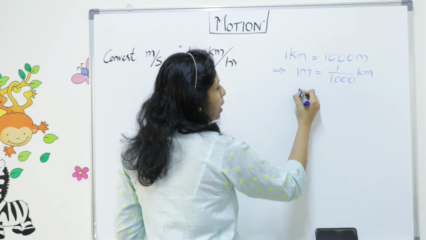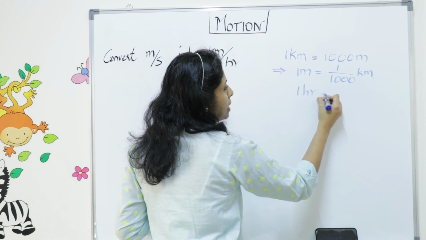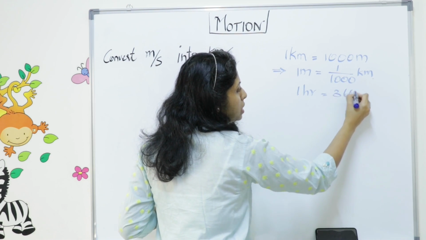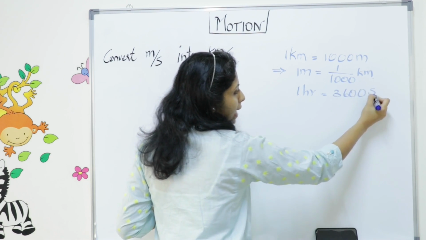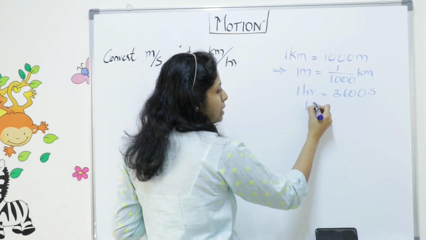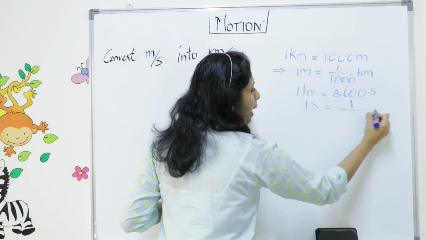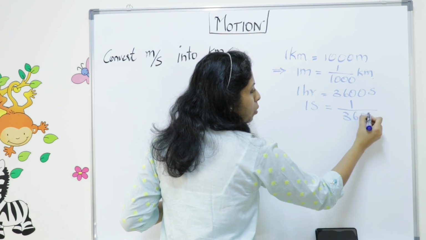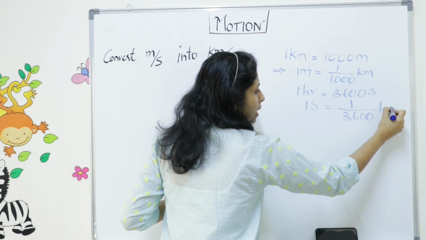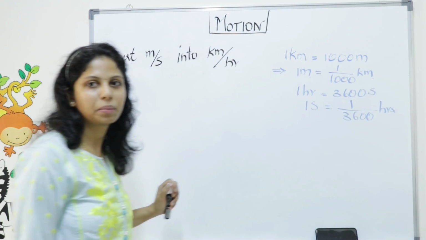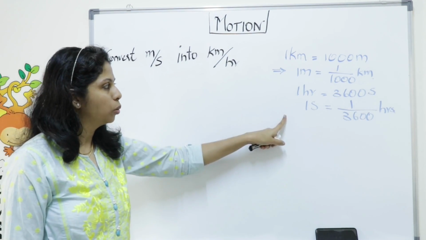Similarly, we know that 1 hour is equal to 3600 seconds. So how much is 1 second? 1 second is equal to 1 by 3600 hours. Okay, so you should be thorough with this.